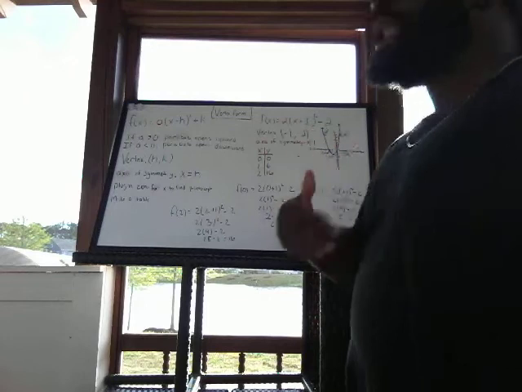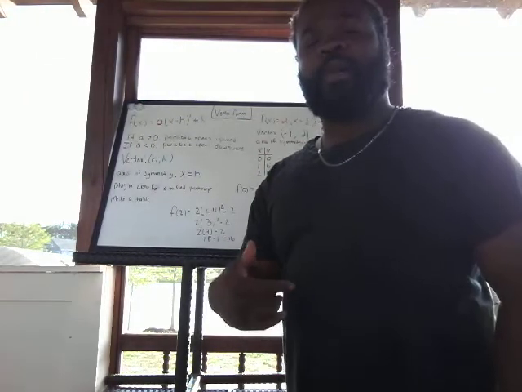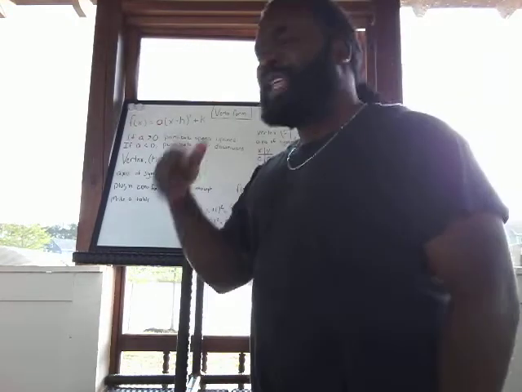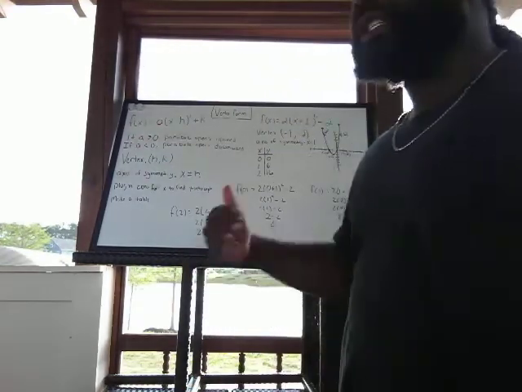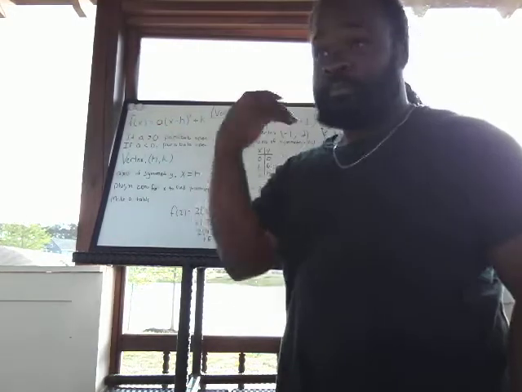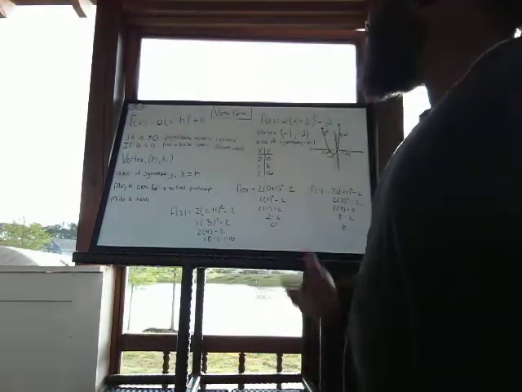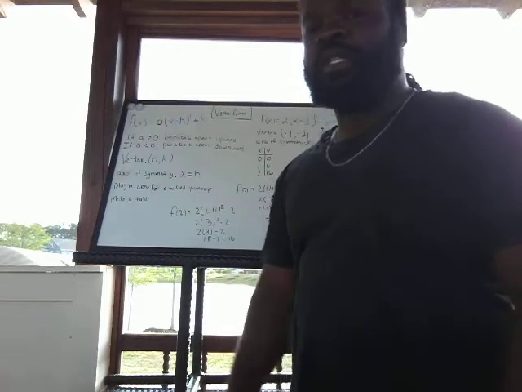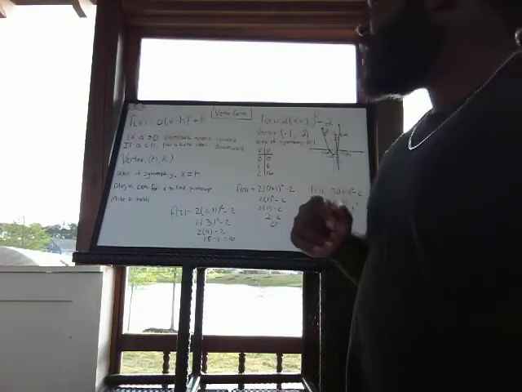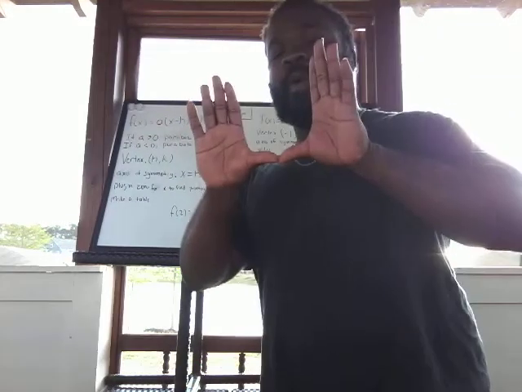Now, a lets me know if my parabola is going to open upward or open downward. If my a value is greater than 0, what type of numbers are greater than 0? Positive numbers, right? If my a value is greater than 0, that means my parabola is going to open upward.